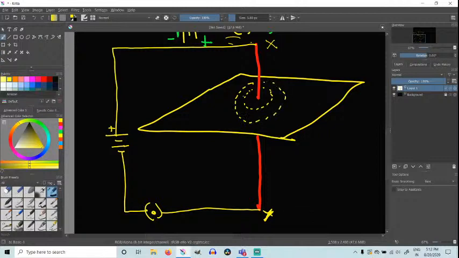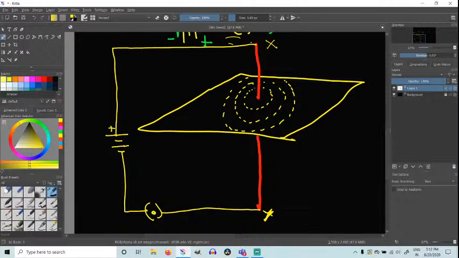The center is the conductor and these rings are arranging themselves like circles around it. So these filings have arranged themselves in rings around the conductor, showing me that we have circular magnetic field lines which are concentric to the conductor.